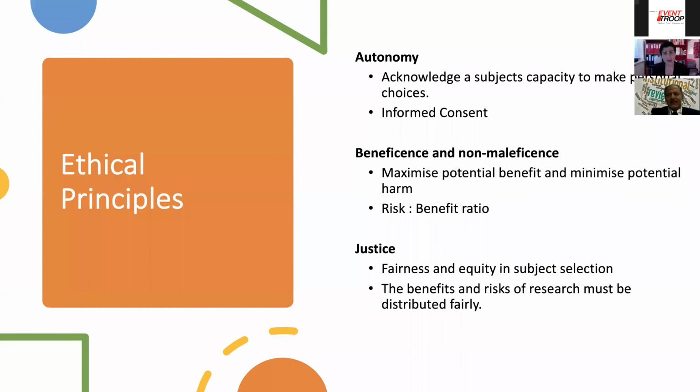So autonomy and informed consent, beneficence and non-maleficence, maximizing benefit and minimizing harm, and fairness in how you recruit and select subjects are very fundamental ethical principles. When this important group of individuals in the IRB reviews your process, your proposals, your research protocols, this will be in the back of their minds. They'll be thinking about this when they are reviewing your proposals.